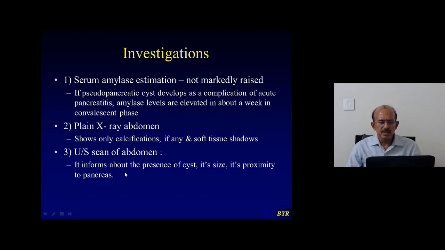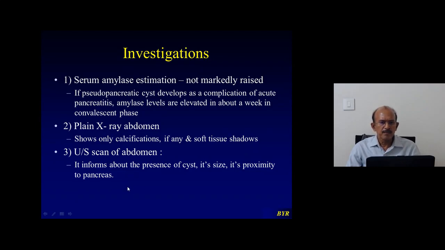So it can show a cystic mass there, but the actual anatomy and its relations cannot be well understood with ultrasound, because the pancreas is situated very deep on the posterior abdominal wall. It is covered by the stomach, which is filled with air, and bowels, which are filled with air. That is why you cannot appreciate much of the pancreas. A cystic mass can be made out, but its relationship with the pancreas and other bowels can't be made out clearly.